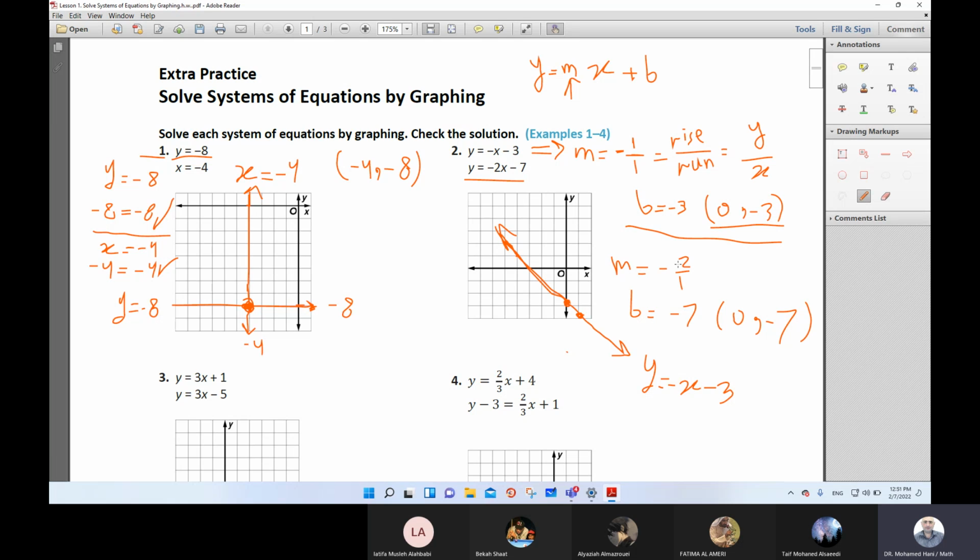Then as you see here, -2, the rise -2 means go down 2 units. The 1 here in the run means go right 1 unit. So the second point will be here. So the first point here and the second point will be here. Then you can connect the 2 points.